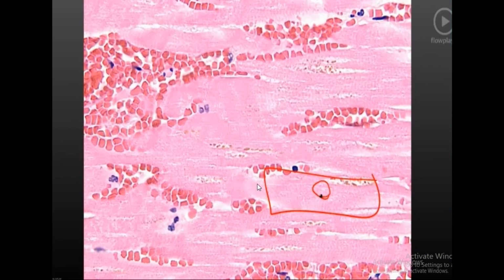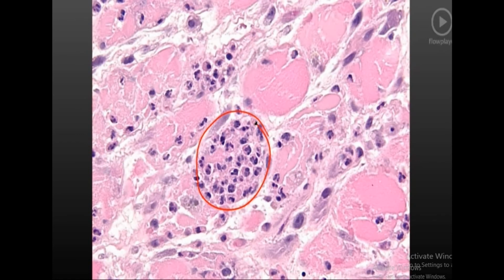And here is the coagulative necrosis. The nucleus is pulled out from the myocyte, and we can say pyknosis, karyorrhexis, karyolysis happen here.